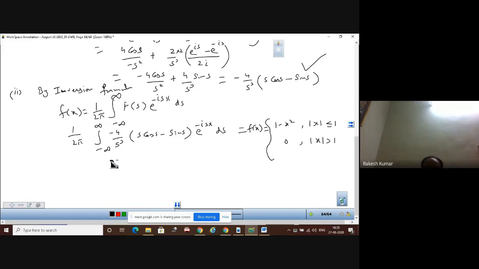If you substitute x equal to 1 by 2, what will you get? This 2 will be cancelled with this, so minus 2 upon pi, integral from minus infinity to infinity of (s cos s minus sin s) over s cube, and e raised to power minus iota s x dx can be written here, e raised to power iota s x.